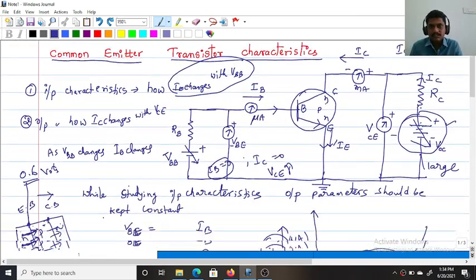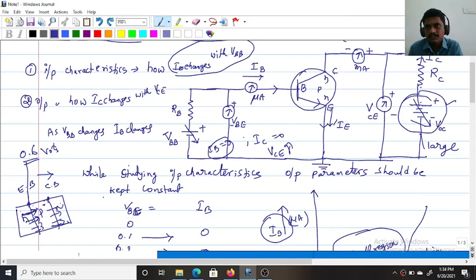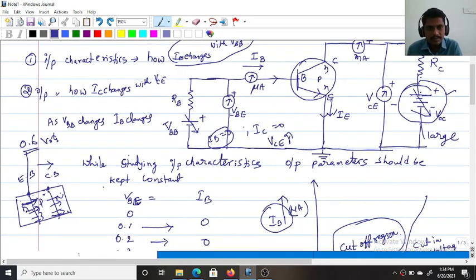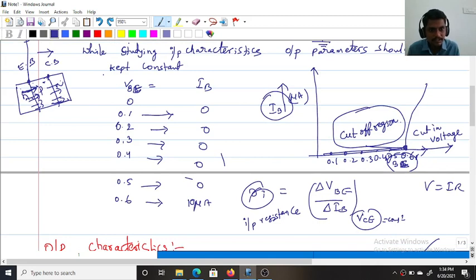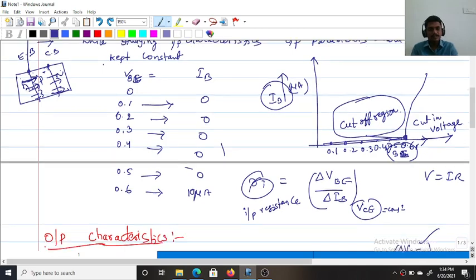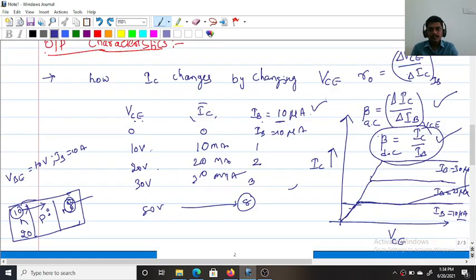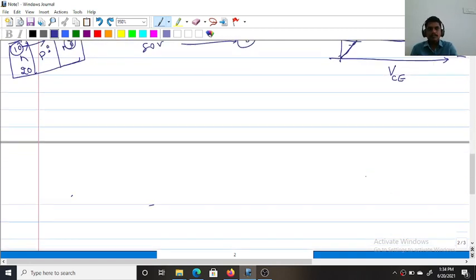In input characteristics, we studied how the base current changes by varying the base to emitter voltage. When the input voltage is less than the cut-in voltage, the transistor is said to be in the cut-off region. In output characteristics we saw the transistor in the saturation region.